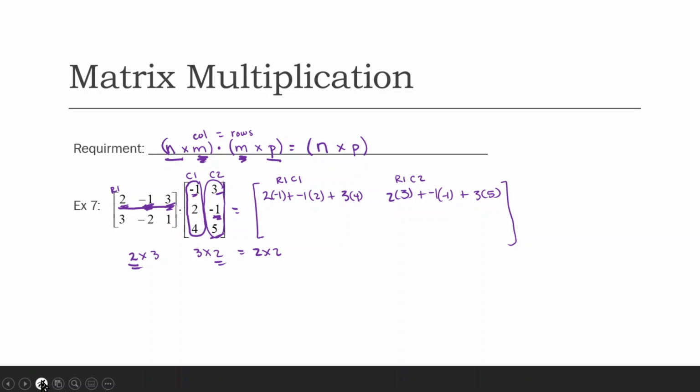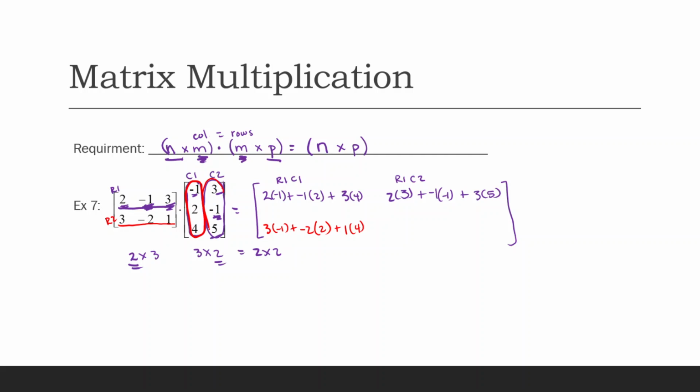Now we're going to take row 2 and multiply by each of these columns. So row 2, I'm going to do 3 times negative 1, negative 2 times 2, and 1 times 4, and add those together.